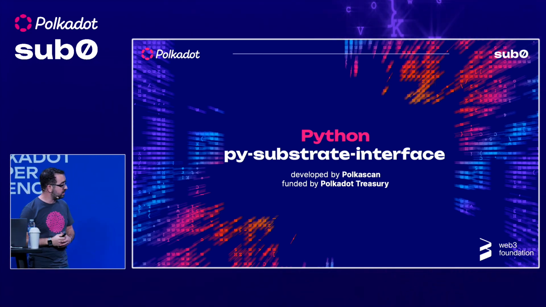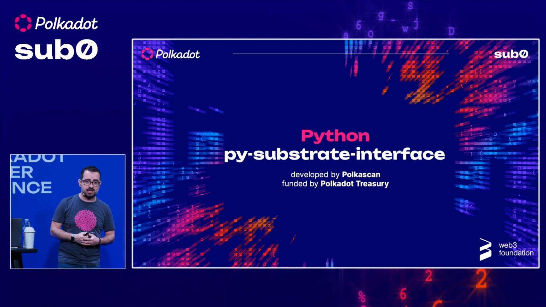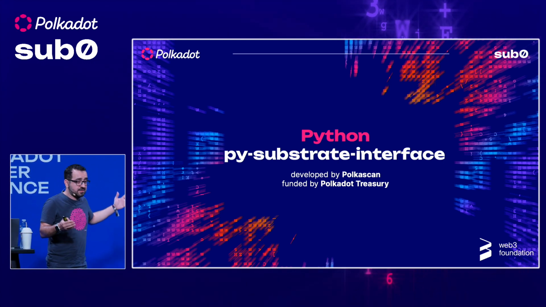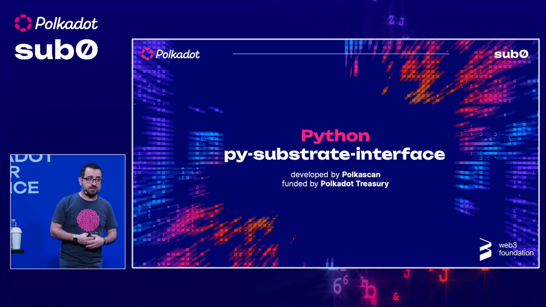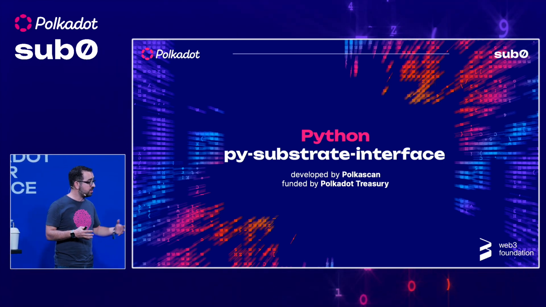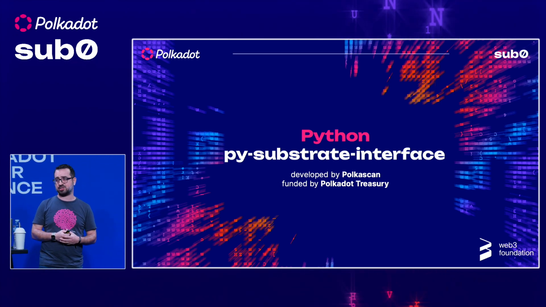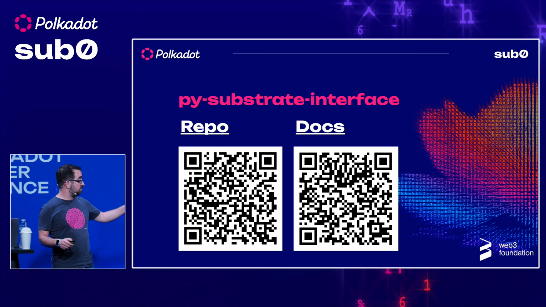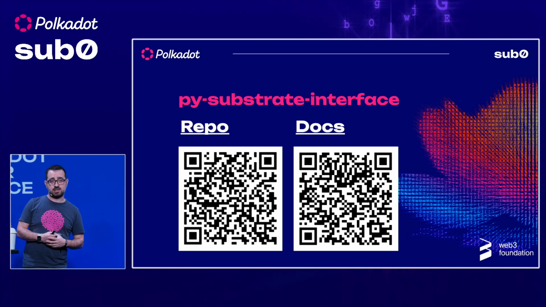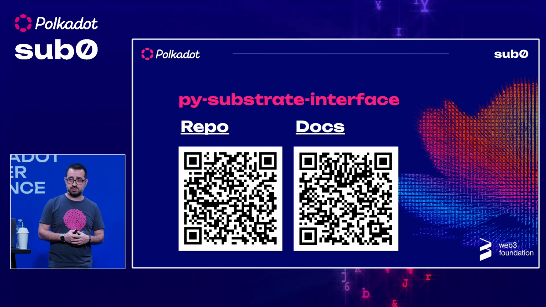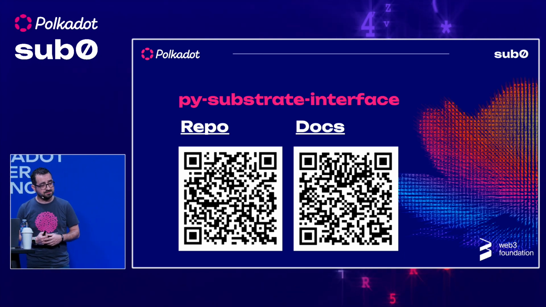This is a library developed and maintained by Polkascan and funded by the Polkadot Treasury. And basically, as the name suggests, it's an interface library written in Python that allows you to interact with Substrate chains using Python. I'll leave these two QR codes over here, the repo of this library and their very detailed documentation.